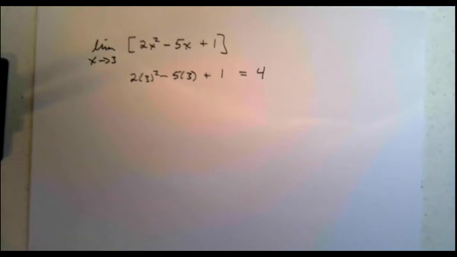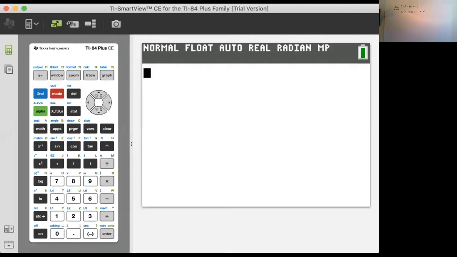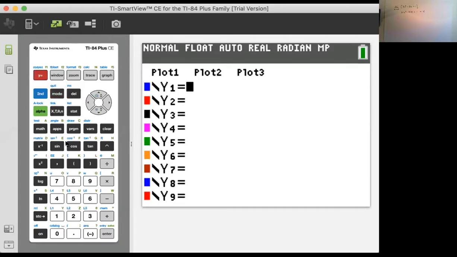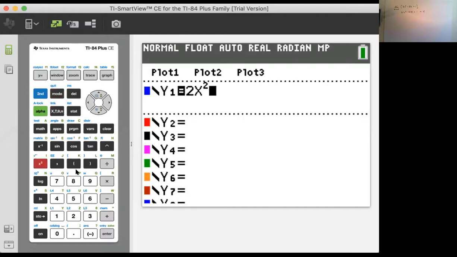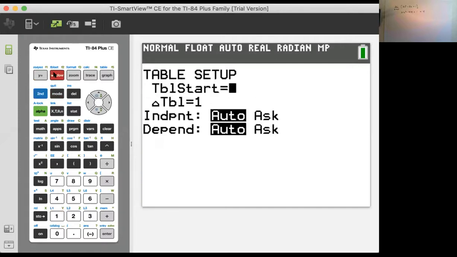So just to verify that, we could take a quick look at the graphing calculator. Plugging that in, y equals 2x squared minus 5x plus 1, and looking at values from the table, I want to choose numbers near 3.